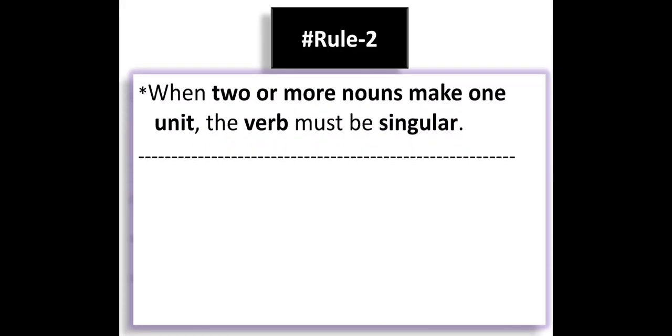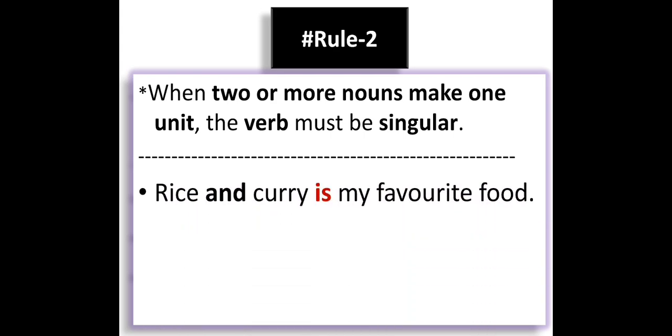Now, rule number 2. When two or more nouns make one unit, the verb must be singular. When two or more nouns make one unit, the verb must be singular. For example, rice and curry is my favorite food.